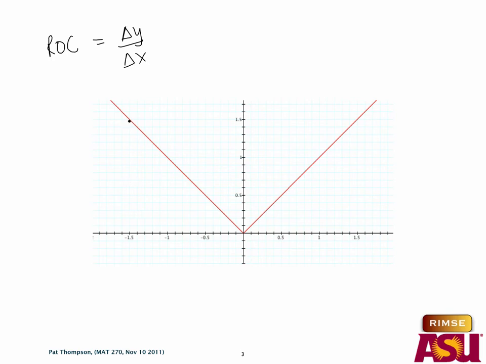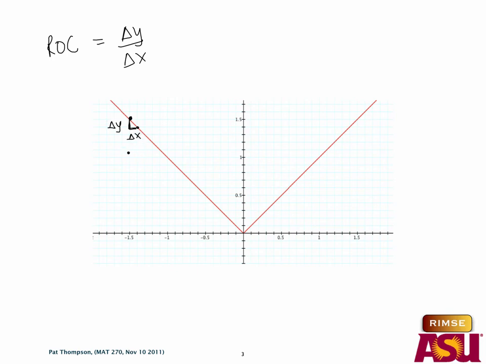So at negative 1.5, I could pick another x value a little bit away from there, and then compute the change in y relative to the change in x. Now these are equally scaled axes, and so these are equally spaced. So I've got some negative change in y here, and this is the change in x here.